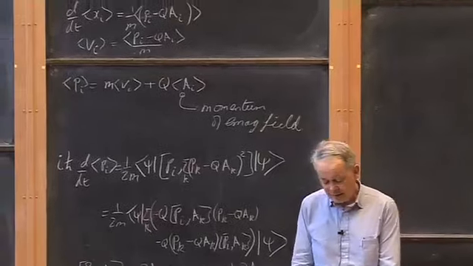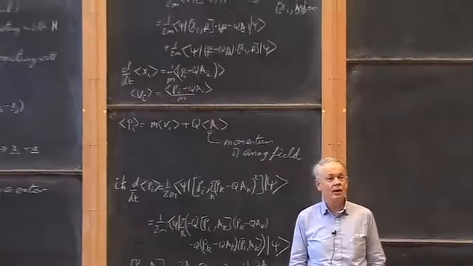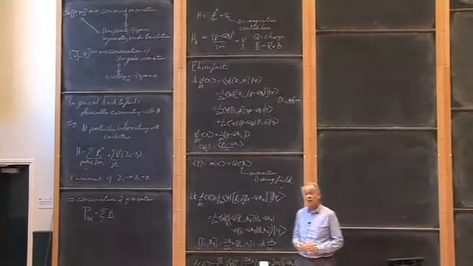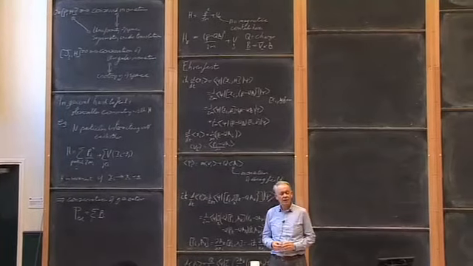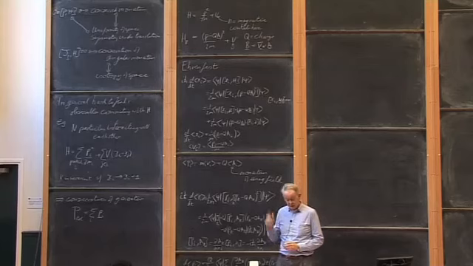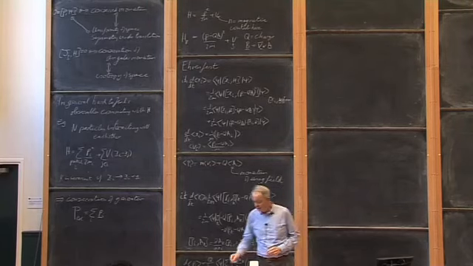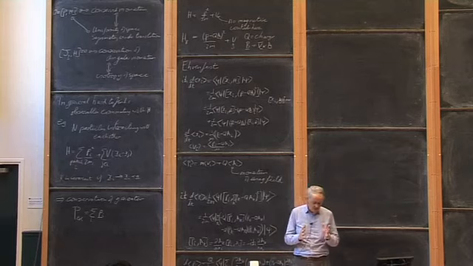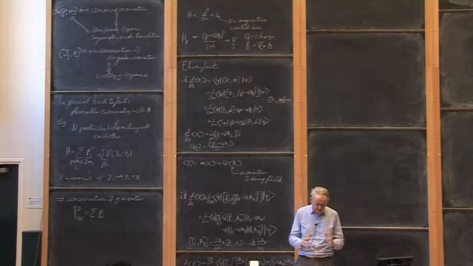And if you look at the back end of chapter 3, you can see there are some quite entertaining things you can do with the motion of a particle in a uniform magnetic field, when it turns out that you can recycle the physics, the formalism and the mathematics that we did for the harmonic oscillator.